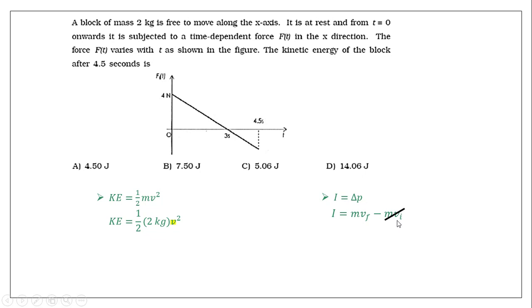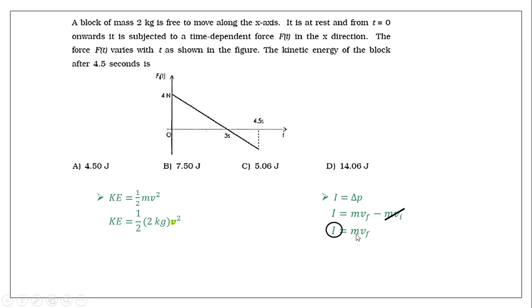So because it starts at rest, there is no initial momentum, so I want to cross that out. The only thing I'm left with really here is just I equals m times the final velocity at 4.5 seconds. Okay. The problem wants us to find the kinetic energy at 4.5 seconds, so my goal here is just to find the velocity at 4.5 seconds. Once I do that, I know what the speed is because the speed is just the magnitude of the velocity.